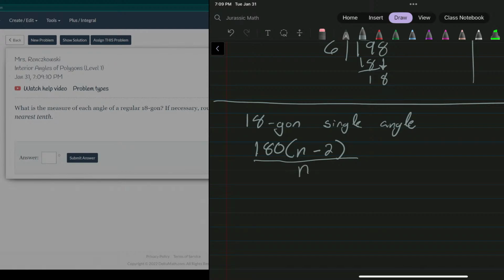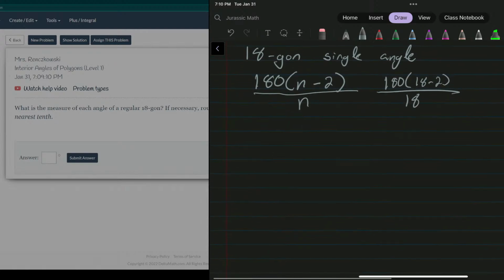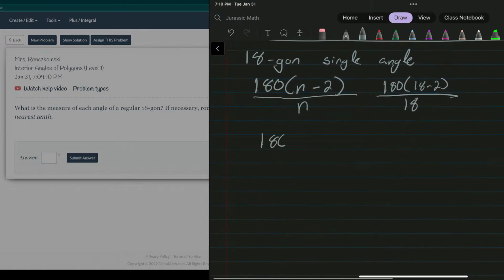So if I plug in 18, I have 180 times 18 minus 2 over 18. If I keep working that out, I get 180 parentheses 16 divided by 18. Multiplication comes next.